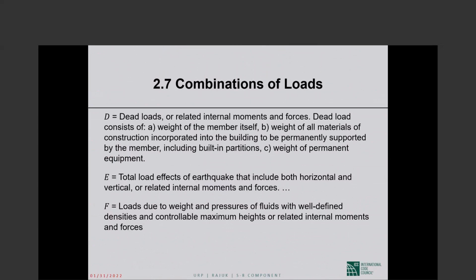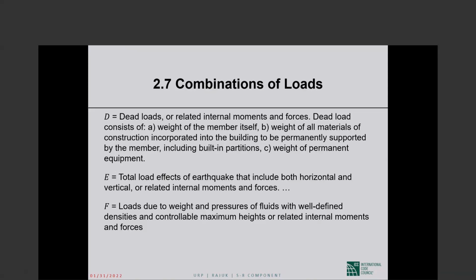E is a pretty complex term. It is made up of two parts: horizontal earthquake effects, vertical earthquake effects. I will go into those details in probably the second earthquake segment. So I will refrain from discussing that today, but for now, E, two things.